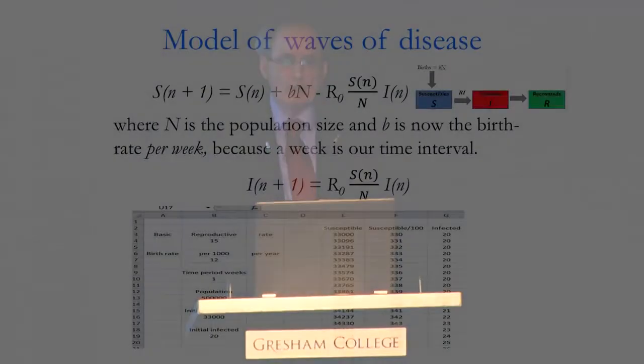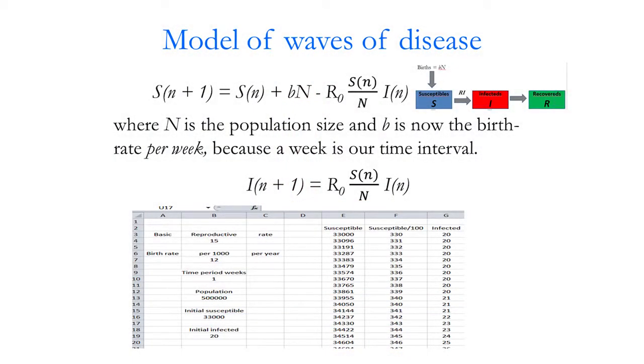All right, well, let me try to model and see if we can get this kind of pattern with what I've introduced so far. And what I want to do is to look at a difference equation model of this. And quite simply, what I'm going to take is S at time n is going to be the number susceptible at the start of week n.